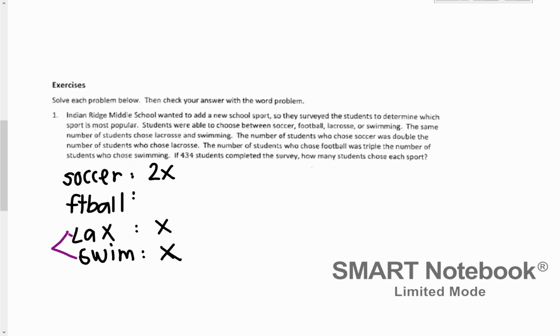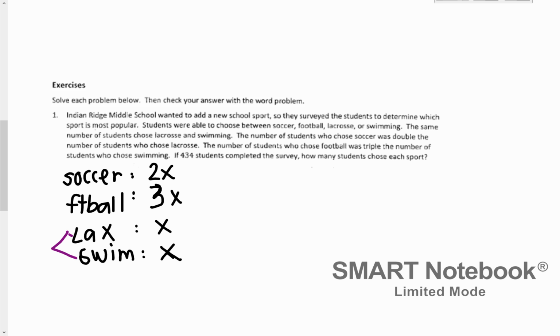The number of students who chose football was triple the number of students who chose swimming. So remember, swimming is X, so football would be triple, which is 3 times the number of swimming, which is X. So 3 times X. If 434 students completed the survey, how many students chose each sport?